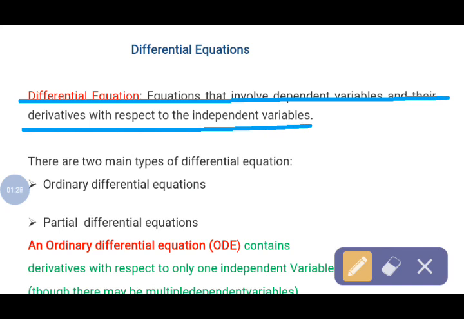That means, for example, in the case of dy divided by dx, y is dependent on variable x, which is an independent variable. Therefore, a term which describes such a relationship between a dependent variable and an independent variable is known as a differential equation.